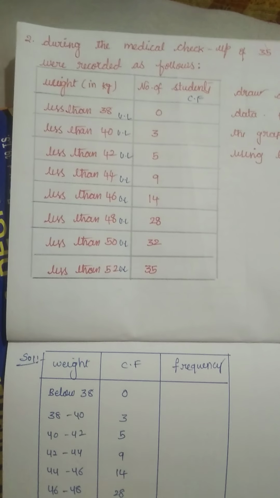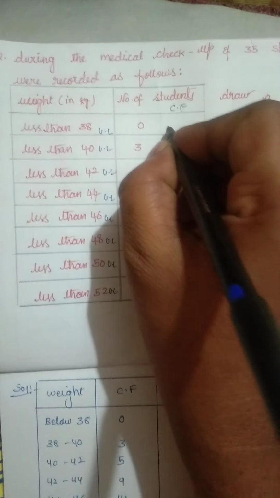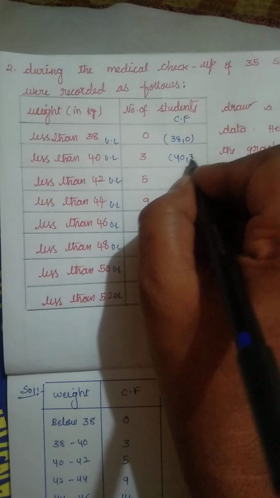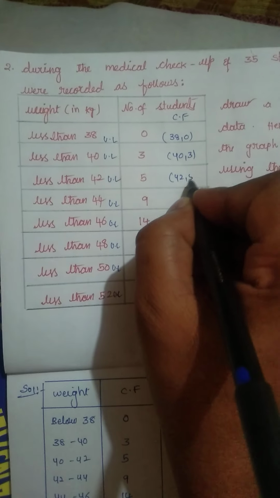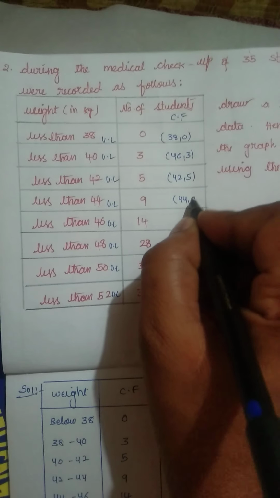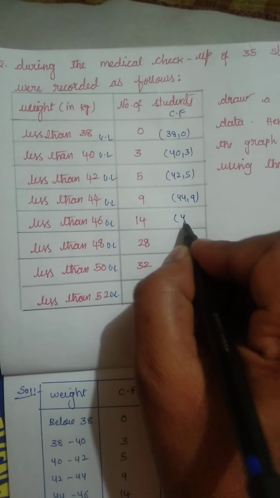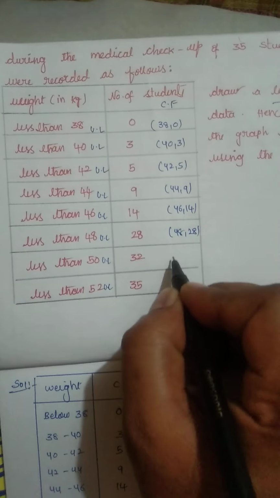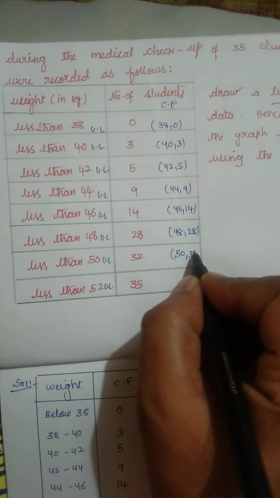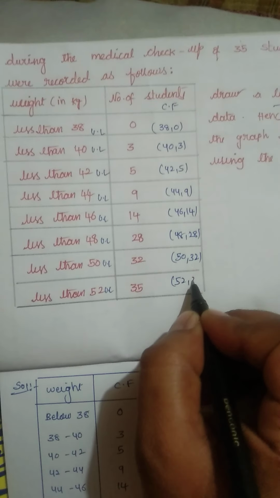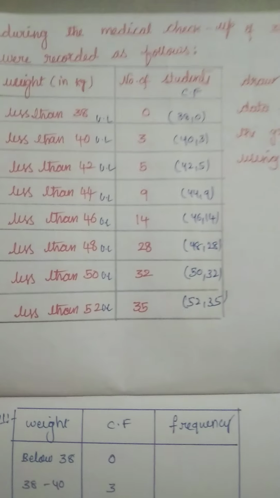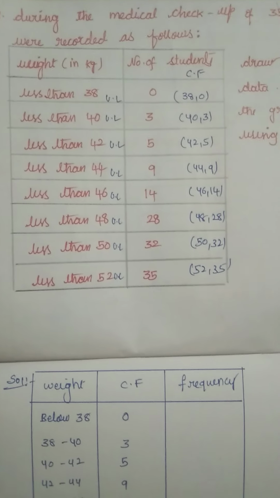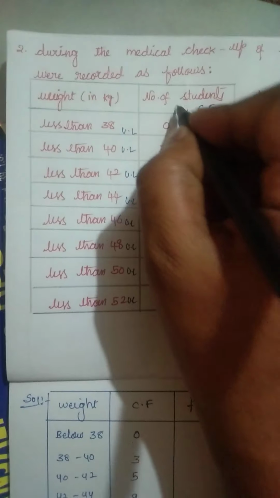Therefore the points are 38, 0; 40, 3; 42, 5; 44, 9; 46, 14; 48, 28; 50, 32; 52, 35. Don't confuse the upper limits with the less than cumulative frequency.